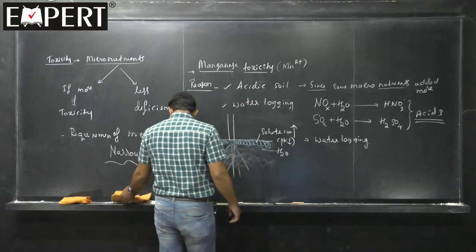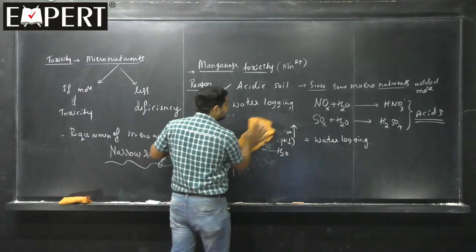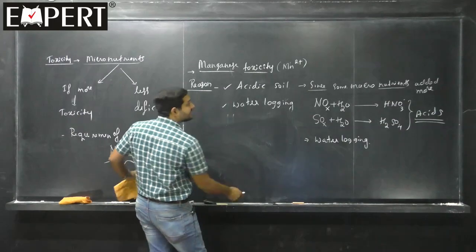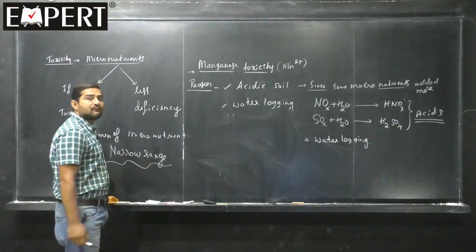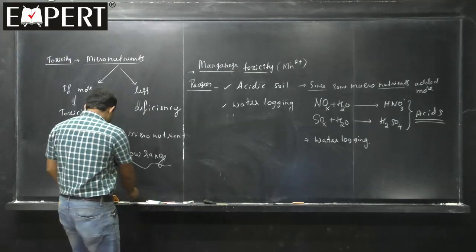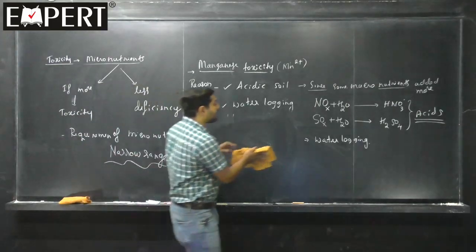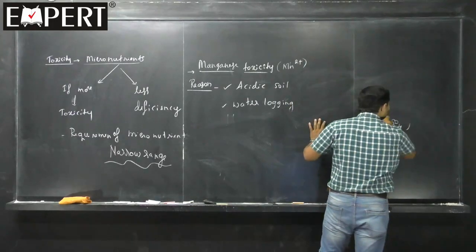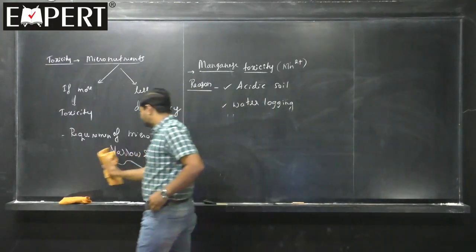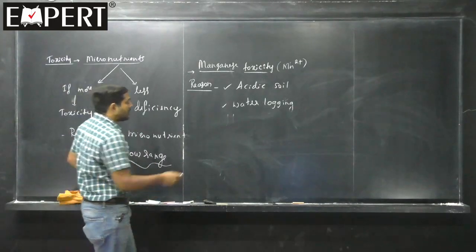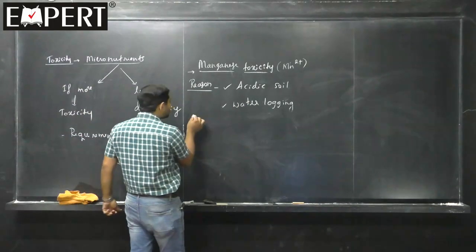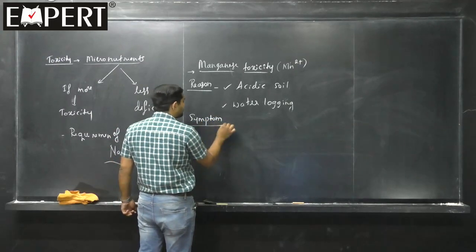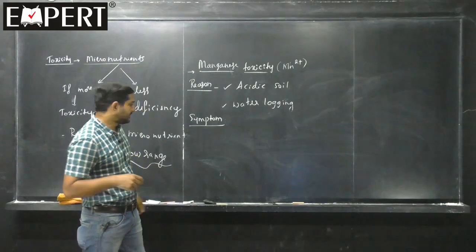So, the manganese absorption can increase in two ways, I told you. One is by acidic soil, second is by water logging. So we mentioned the reason for the manganese to be increased. Now, what is the symptom of it? Symptom of the manganese toxicity, how does it appear?